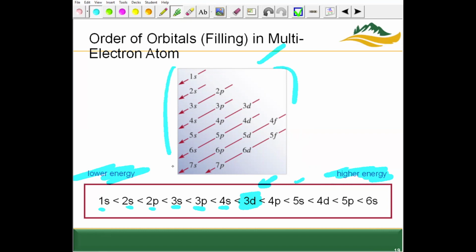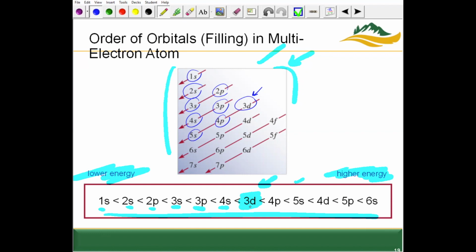If you haven't, don't worry. Just write down this order somewhere, or even draw this diagram on your note card. The way this diagram helps is we have 1s first, then 2s, then 2p, 3s, then 3p, 4s. Then it makes sense why we go to 3d next, then 4p, 5s, etc.